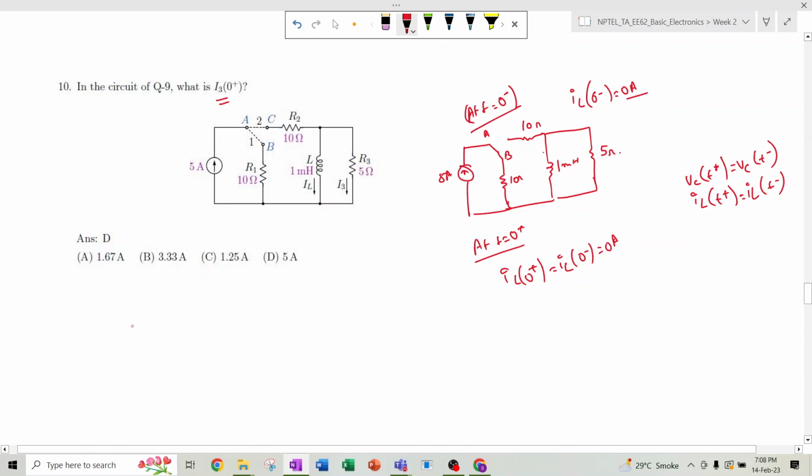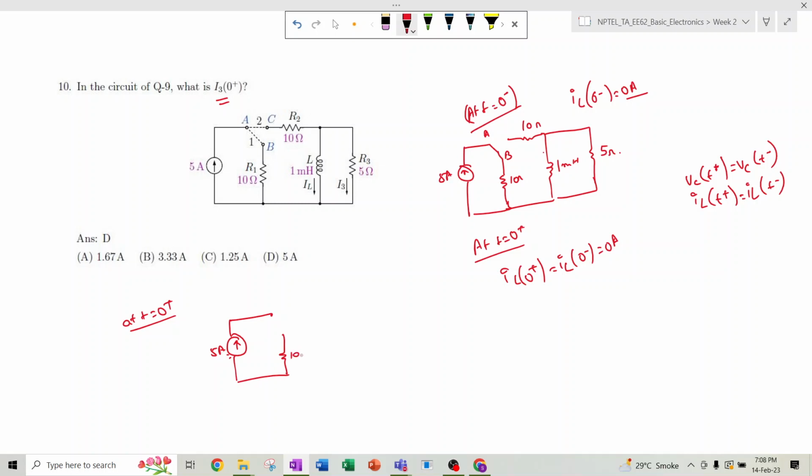So now at t equal to 0 plus, the circuit becomes 5 ampere, this is 10 ohm, and this point A is connected to C, it was point B, so it was point C. So this C has 10 ohm.